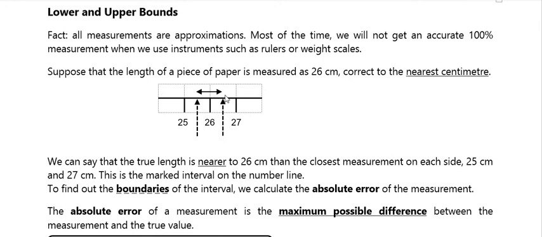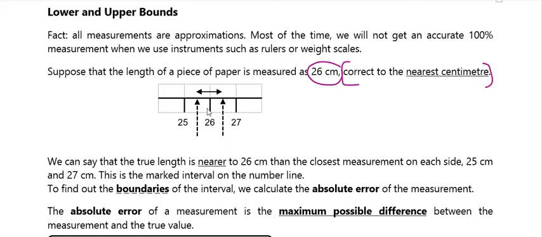Suppose that the length of a piece of paper is measured at 26 centimeter, and the statement says correct to the nearest centimeter. It means that the true length of the paper is nearer to 26 centimeter than the closest measurement on each side. When you say it is correct to the nearest centimeter, for 26 centimeter over here, the boundary will be 25 and 27 centimeter.